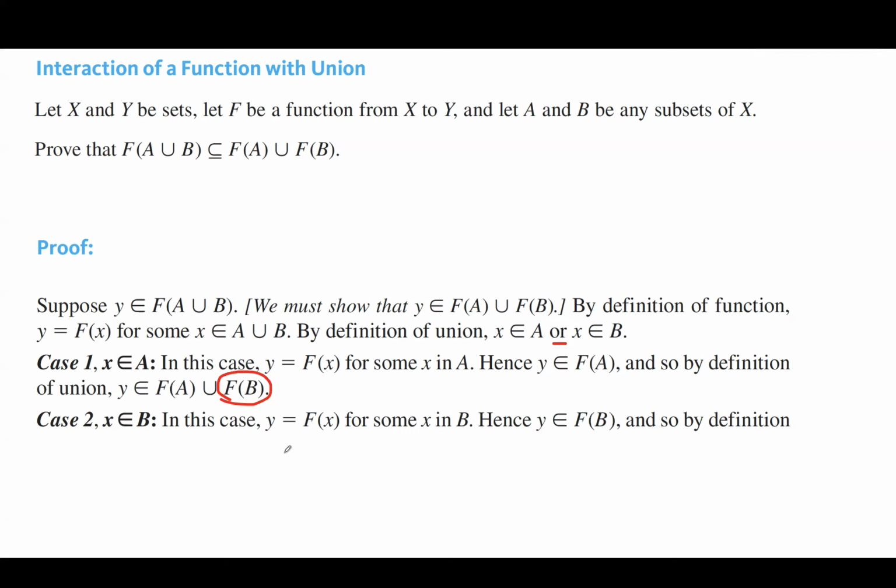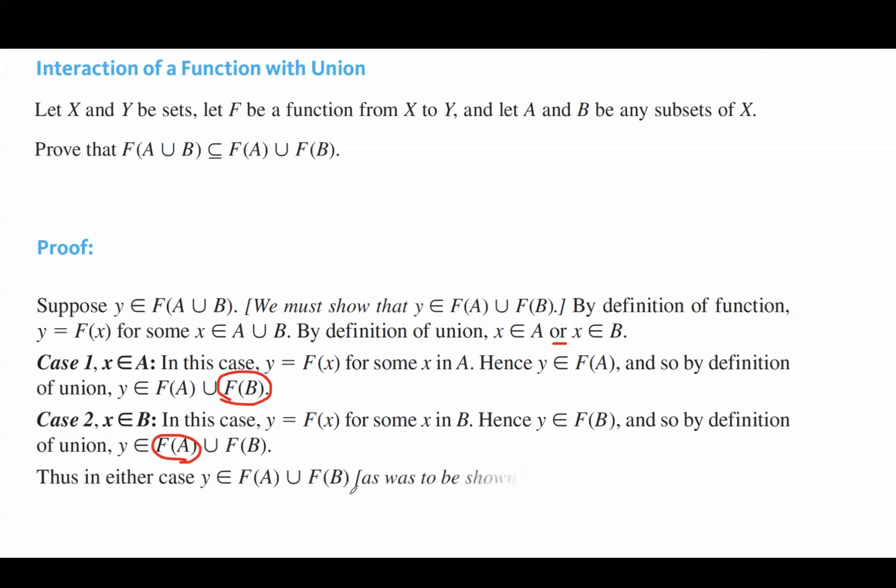Since y is equal to f of x, it means that y belongs to f of B. Now, since y belongs to f of B, y is a member of this set. y is a member of the union of that set with any other set, like f of A. So we just showed that in either case, y belongs to f of A union f of B, and this is just the proof that f of A union B is a subset of f of A union f of B.